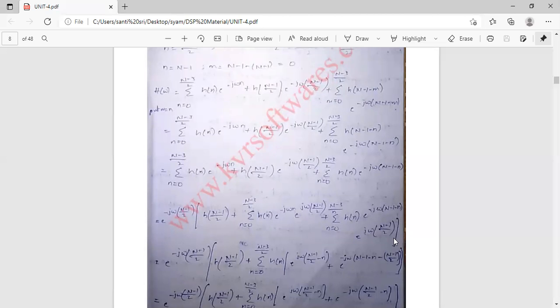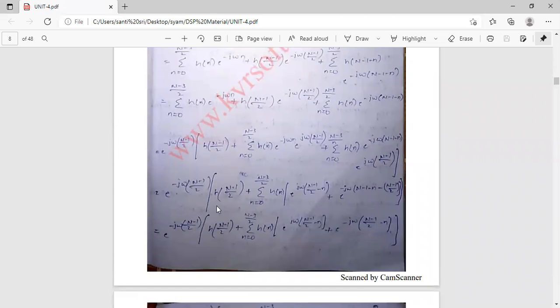Taking h(n) as common, it becomes e^(-j omega (N minus 1) by 2) into h((N minus 1) by 2) plus sigma n equal to 0 to (N minus 3) by 2 of h(n) into [e^(j omega ((N minus 1) by 2 minus n)) plus e^(-j omega ((N minus 1) by 2 minus n))].